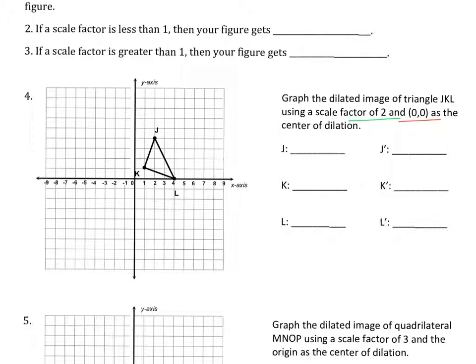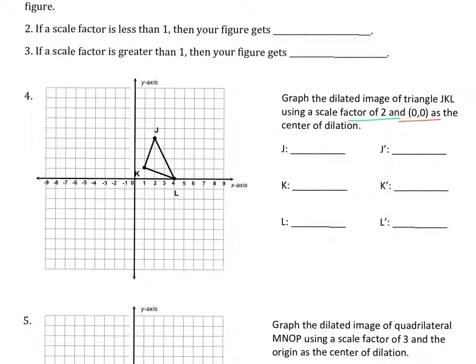The first thing we need to do is find our ordered pairs for J, K, and L. The left side underneath the question is space where we can find our points.